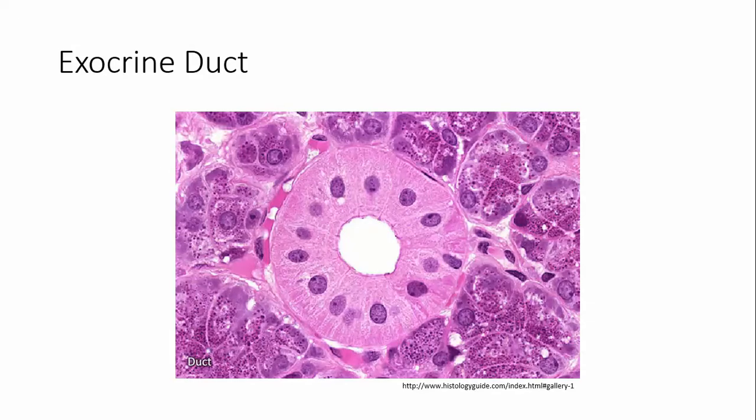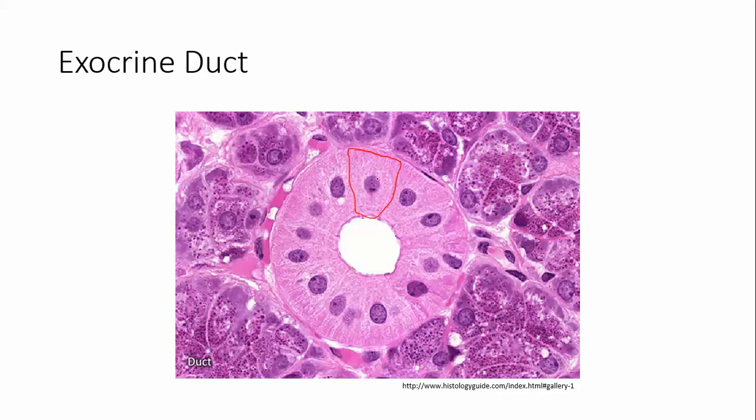This is an exocrine duct. It is a duct that produces material that will be released through a duct, a tube, and it can be released into like the outside environment. So some examples of exocrine ducts are like sweat glands and such things. You can see that we have individual cells that are much easier to distinguish than in the other image.